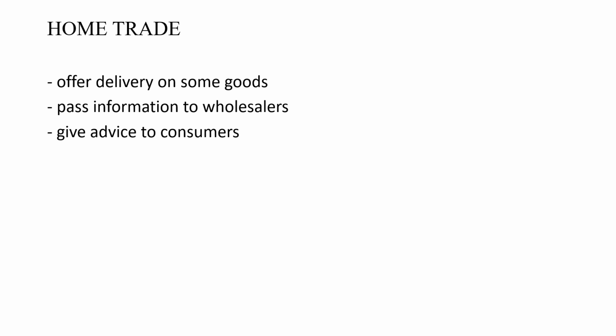They also give advice to consumers. Sometimes you may not know the right product which goes with what. So retailers are supposed to have the right information to advise you so that you have value for your money. You know what to buy in what quantity. They also package goods before sale.